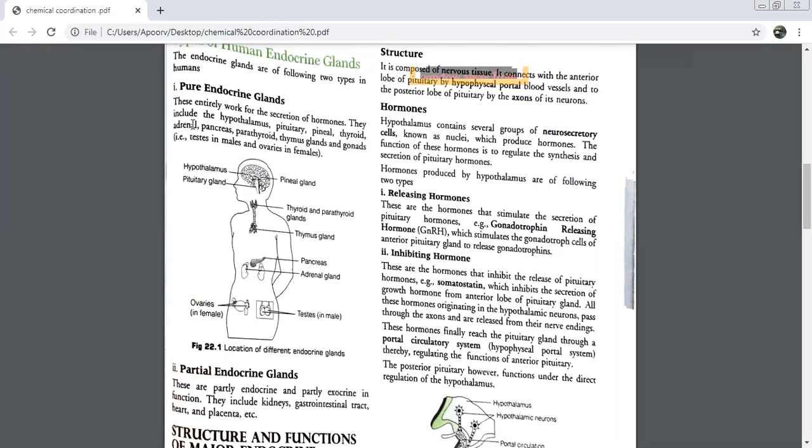What do sebaceous glands secrete, beta? Oil. Excellent. Mammary glands, what will they secrete? Milk. Mucus glands, in the nose we have mucus glands, they secrete mucus.